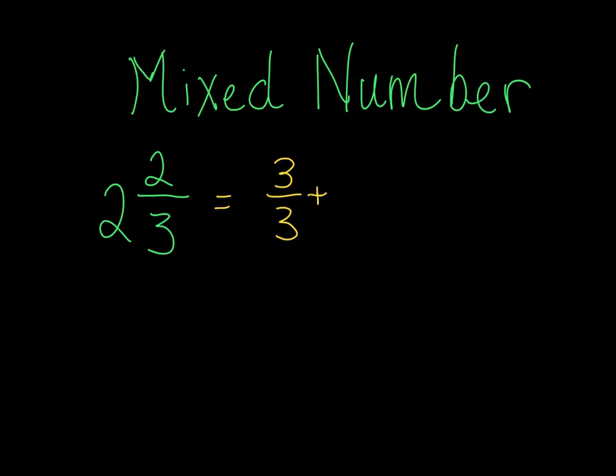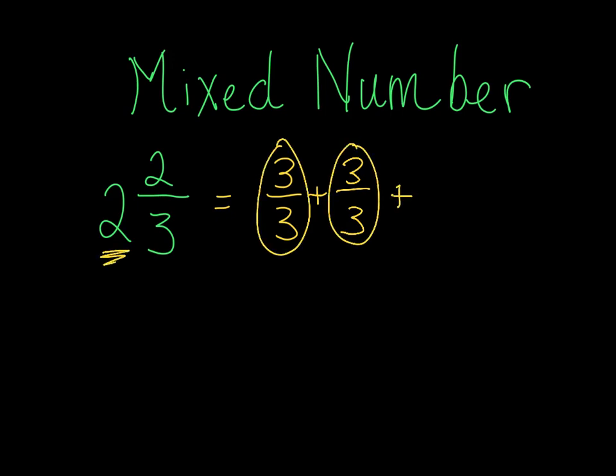Then we have another 3/3. That represents 2, 1, 2, just like that. And plus we're adding on another 2/3. So if we add this up, 3 plus 3 is 6, plus 2 is 8, and it's over 3, 8/3.